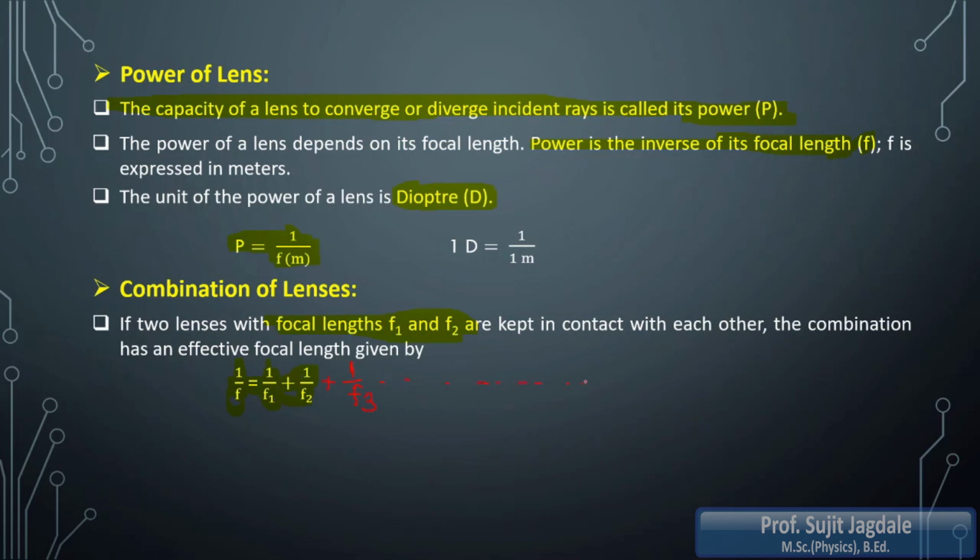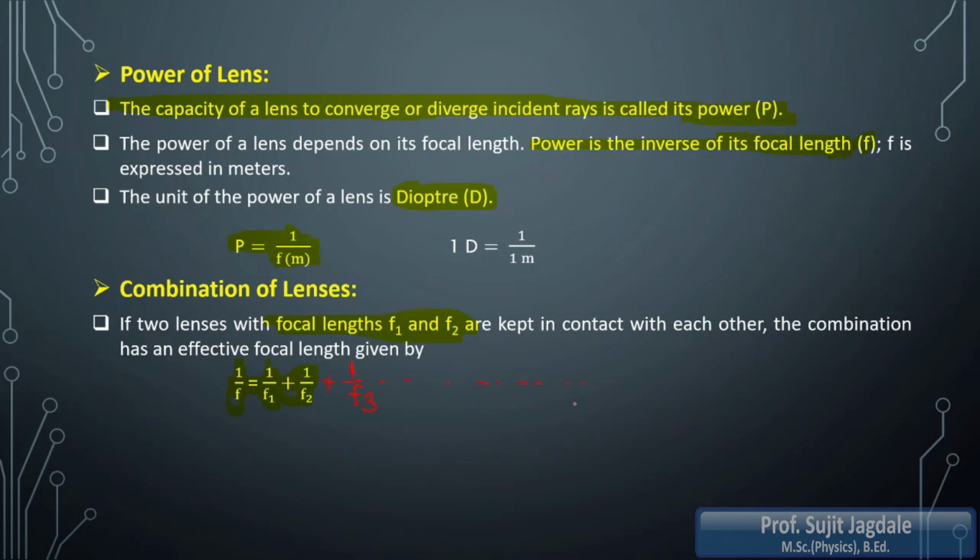If you are taking 10 lenses, then you have to take the formula accordingly: 1 upon f1 plus 1 upon f2 plus 1 upon f3, up to 1 upon f10. So before using the formula, you should observe how many lenses we are combining, and according to that, we take the formula.